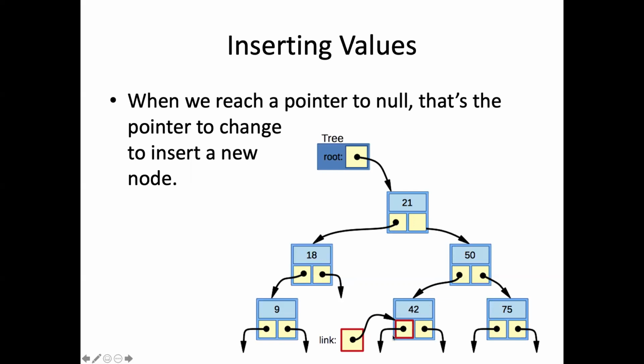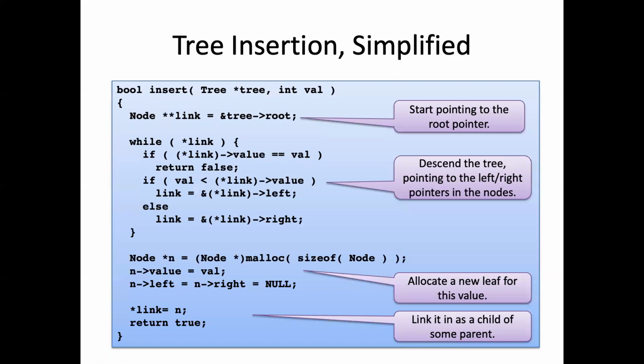We have to change this one pointer, and that would have taken the same code whether it was a pointer to the root pointer, a pointer to the left pointer out of a node, or a pointer to the right pointer out of a node. Those are all pointers to nodes. And if we know which pointer we have to change, it just takes one line of code to graft in this new node.